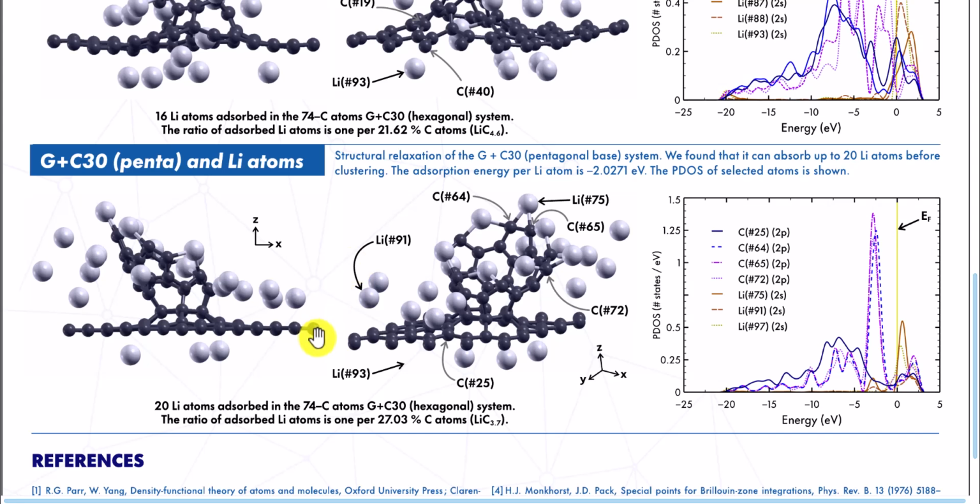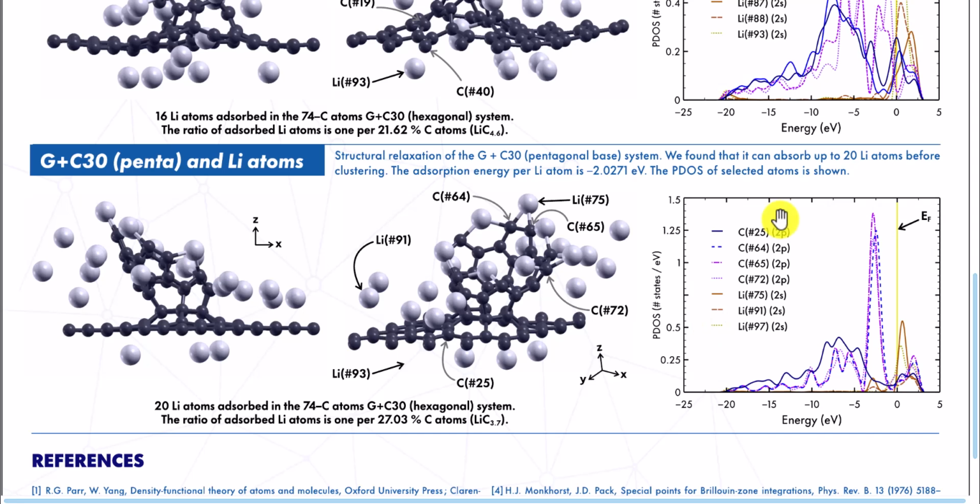And finally, we repeated the structural relaxation for this second structure, for the pentagonal base semi-fullerene. And again, we observed that this system can absorb up to 20 lithium atoms. This is corresponding to an energy per lithium atom of minus 2.02 electron volts.